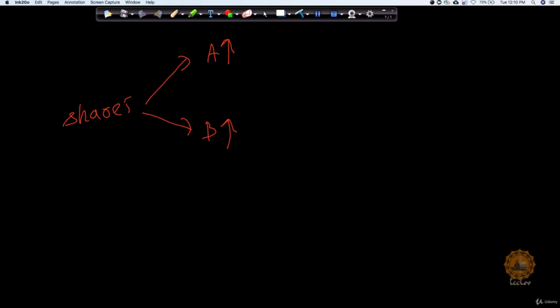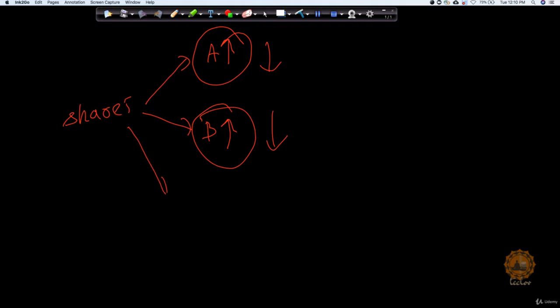In this case, it is always recommended that you should not put your money on both shares together, because if some loss happens here, then you will face the same loss here as well. So it is always suggested that you go with a share C which has no correlation with A or B, right? Then you have a diverse portfolio.